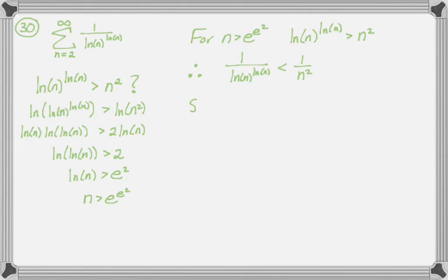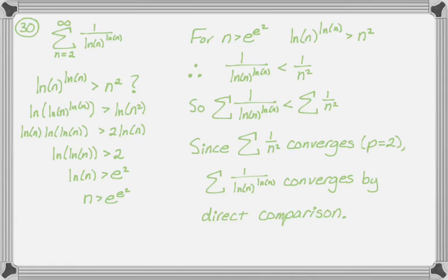So our summations have the same relationship. So we have this. And now we can just say that this thing converges. So I'm going to say since 1 over n squared converges with p equals 2, the sum of 1 over natural log of n to the natural log of n converges by direct comparison.